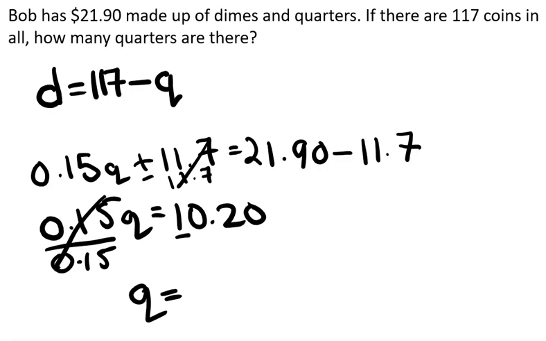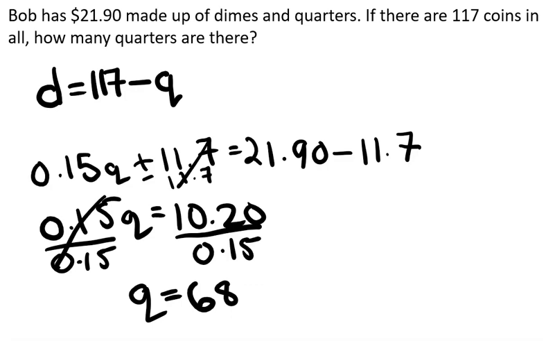We'll also have to divide 0.15 on the other side, because whatever we do on one side of the equation, we have to do it to the other. 10.20 divided by 0.15 is equal to 68, which means that there are 68 quarters.